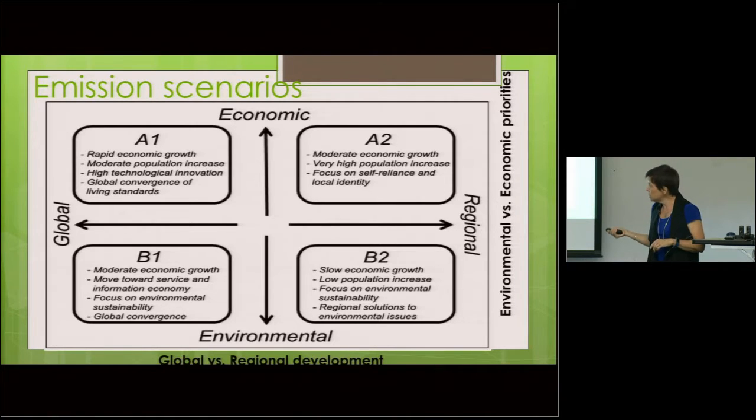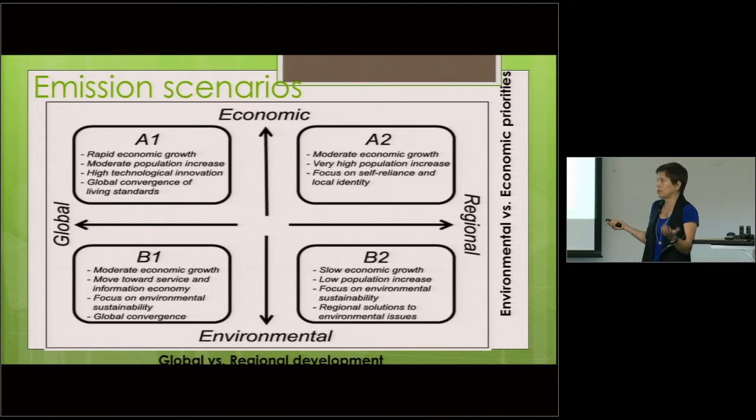Then the 1's are where we have more global priorities, and the 2's are where we're more interested in regional, local development.